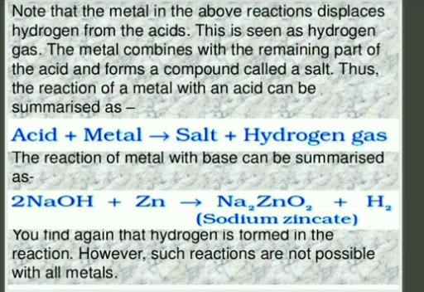In the same way, whenever metal reacts with a strong base, here we have taken NaOH, sodium hydroxide, it will form sodium zincate, Na2ZnO2, along with hydrogen gas.